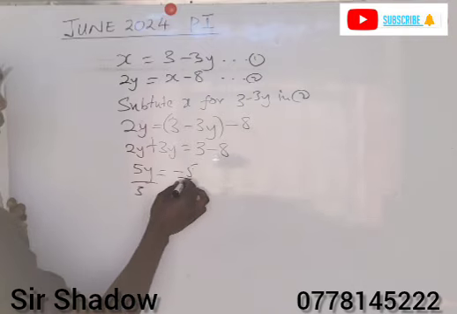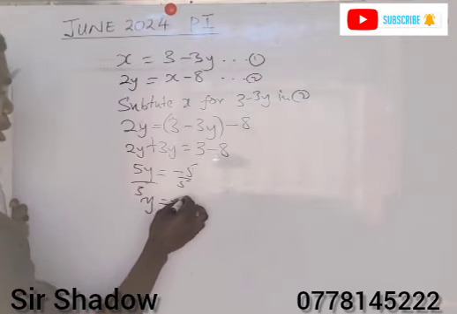Divide both sides by 5, y is equal to minus 1.